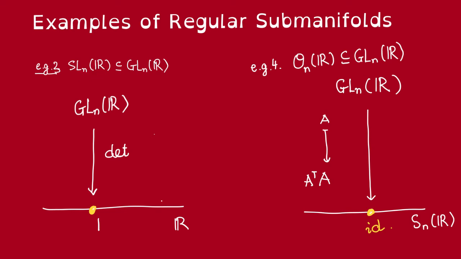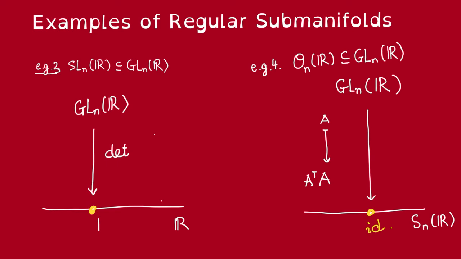To show that these are regular submanifolds, we would need to show that these points are regular values. In other words, we need to compute the critical points of both of these maps, and then show that these fibers do not contain any of those critical points. But that computation is a bit more involved, so we'll do that in a separate video.